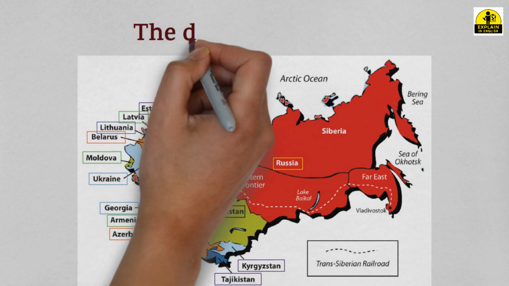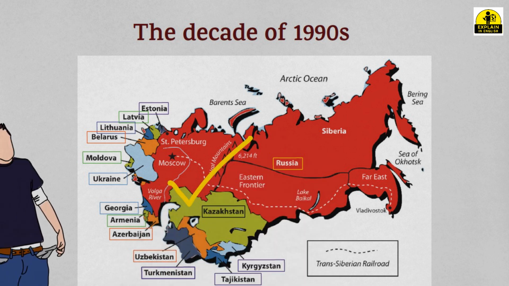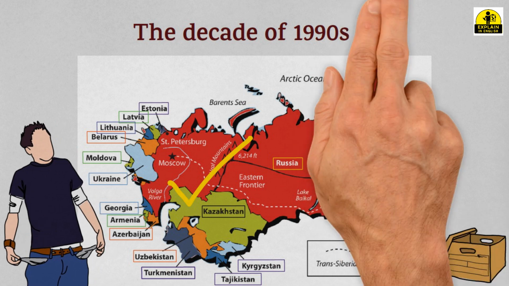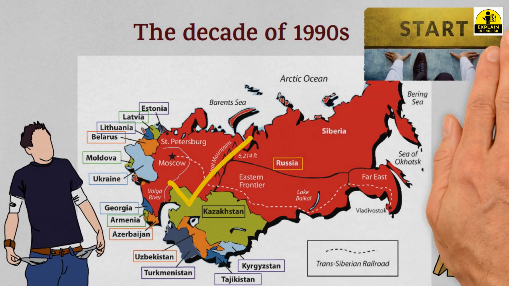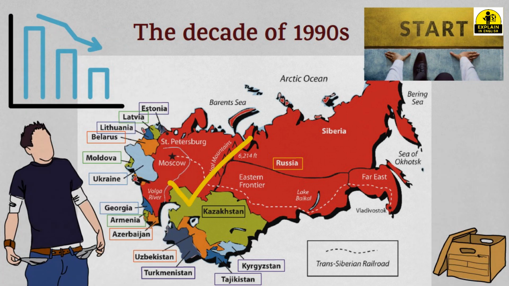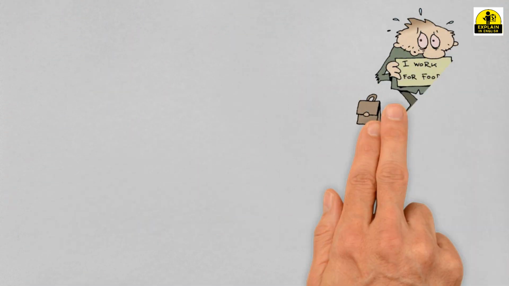The decade of 1990 was very bad for all these countries. Because after partition, a government comes to power that doesn't have any funds or resources to lead or serve the public. Everything starts from scratch. Due to this, the GDP of all these countries slumped. Due to severe unemployment, there was a surge in poverty.